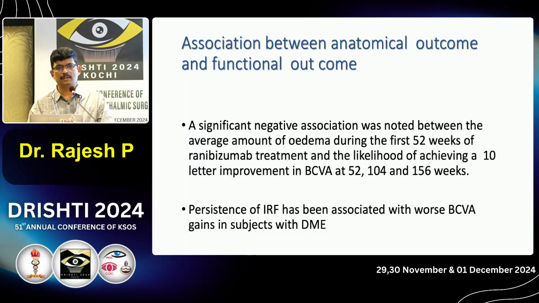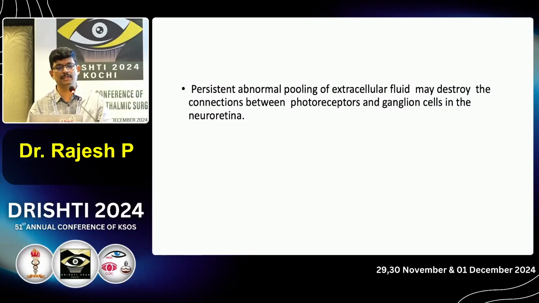The most important component of fluid that we look for in a patient with diabetic macular edema is intraretinal fluid, because persistence of intraretinal fluid over a period of time can lead to destruction of the connections between the photoreceptors and ganglion cells in the neuroretina.